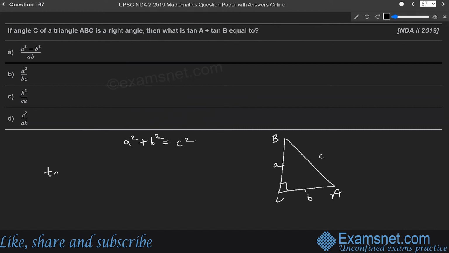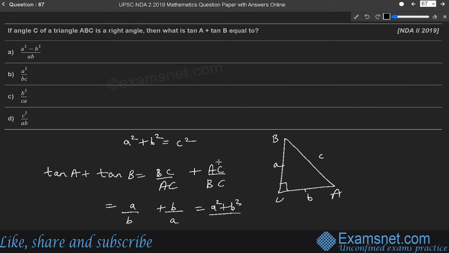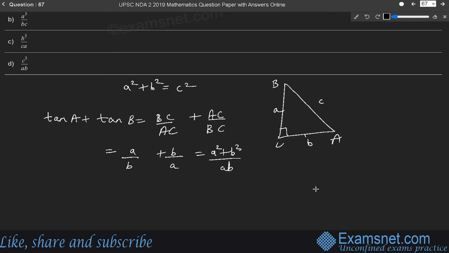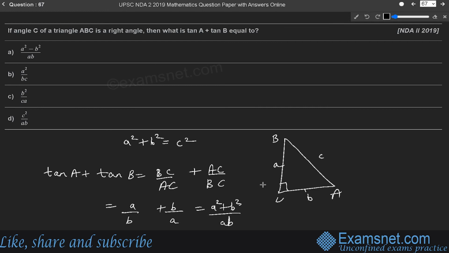Therefore, tan A plus tan B is equal to BC upon AC plus AC upon BC. So this will be equal to a upon b plus b upon a, which is equal to a square plus b square upon ab. And we know that a square plus b square is equal to c square. So it will be equal to c square upon ab. Therefore, we can say that the correct option for this question is option number D here.